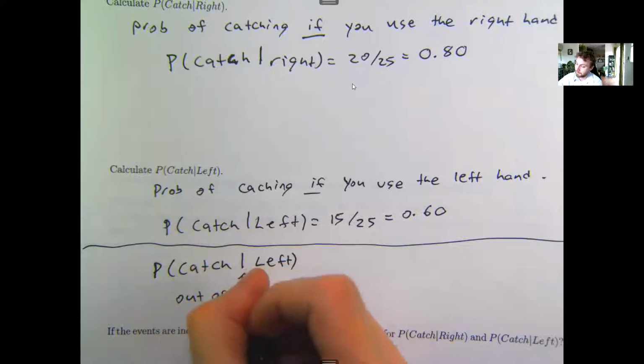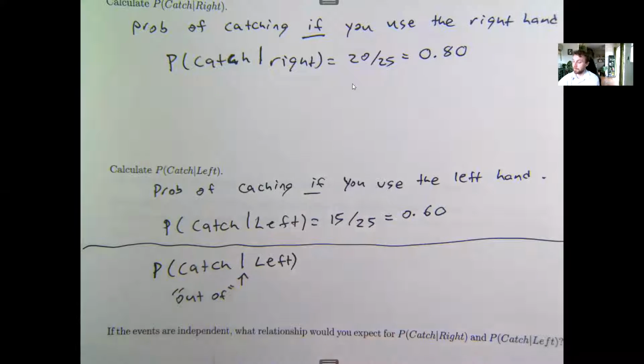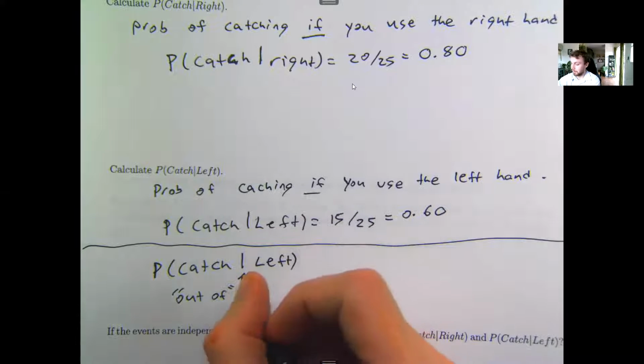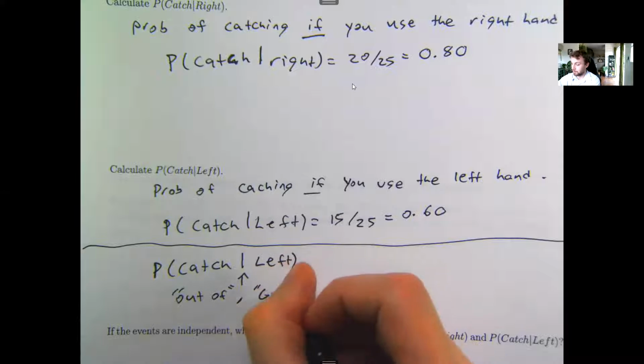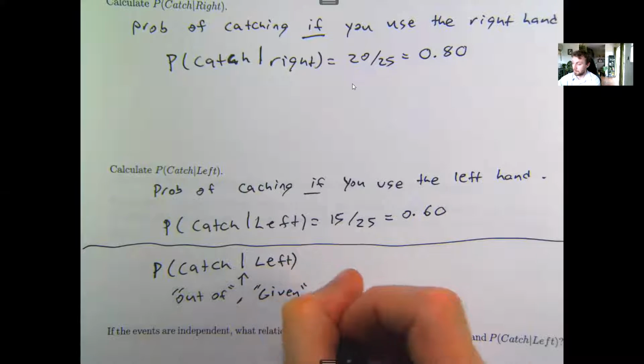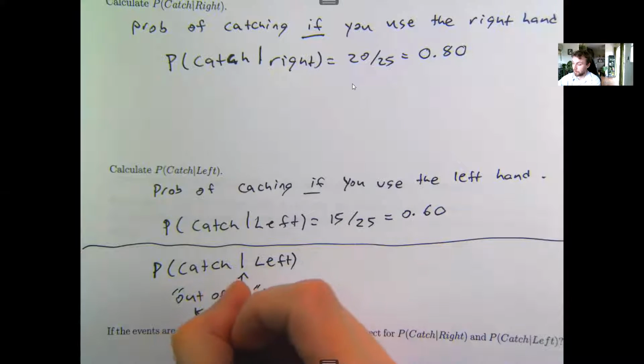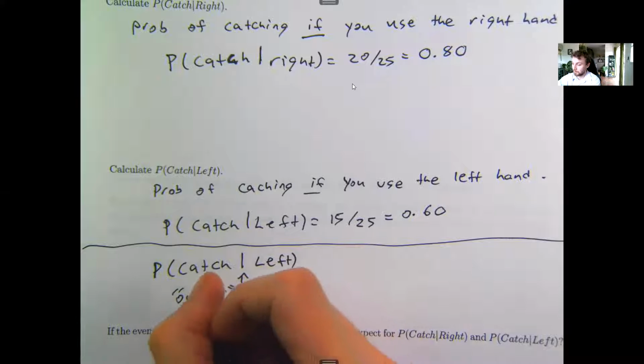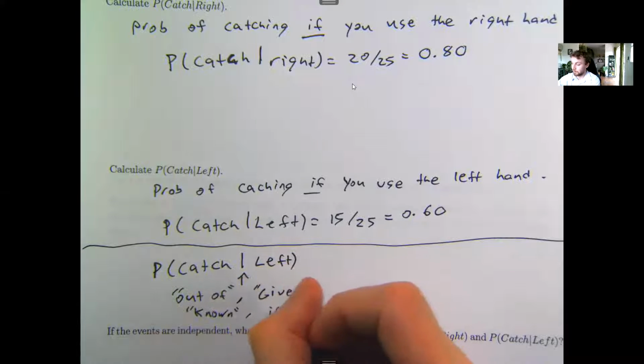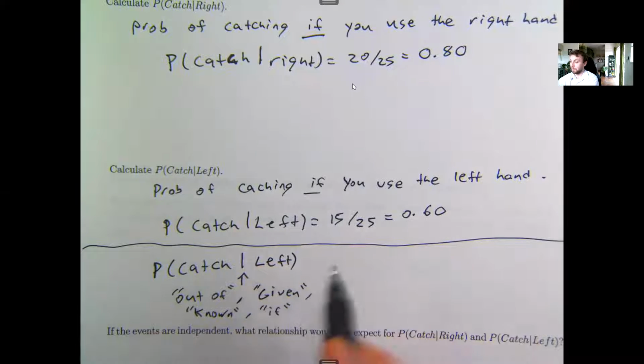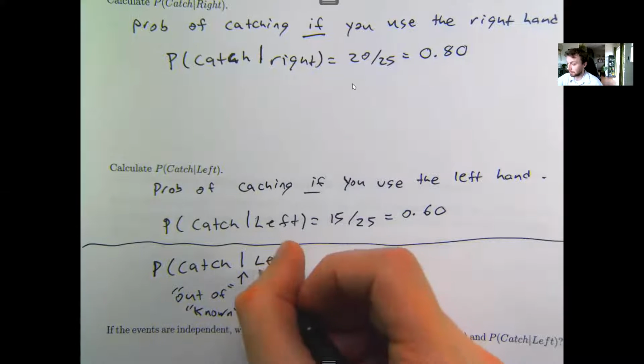If you see the phrase "out of," this is telling you that you're going to be looking at that specific subgroup. If you see "given," if there is a known quantity, if you're dealing with an "if" style problem, these are all indications that you're going to be limiting the subgroup.